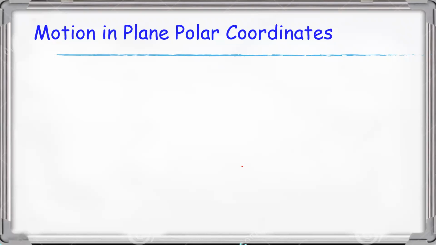In the previous class, we discussed how to represent position vector using plane polar coordinates and also the relations connecting the unit vectors in polar coordinate and in the Cartesian coordinates.